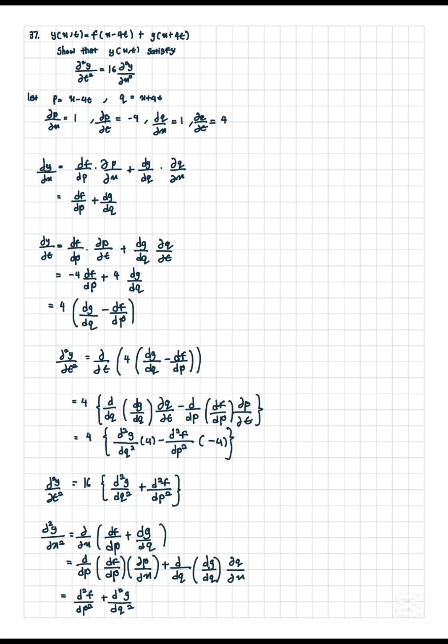So we got ∂²y/∂t² equals ∂/∂t of 4 times (dg/dq − df/dp), and we got 4 times d²g/dq² times 4 minus d²f/dp² times −4, and we got 16 d²g/dq² + d²f/dp².